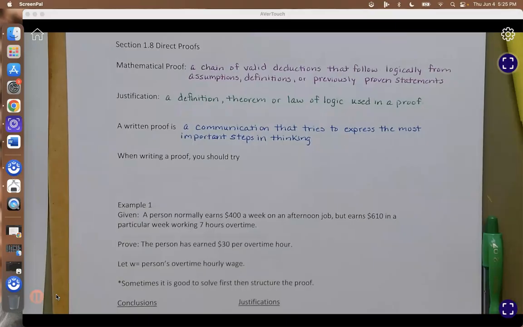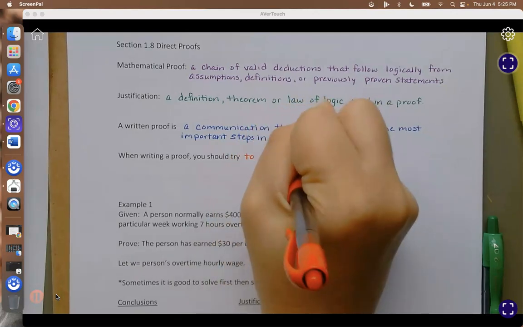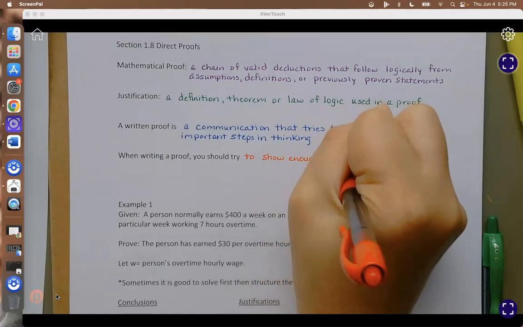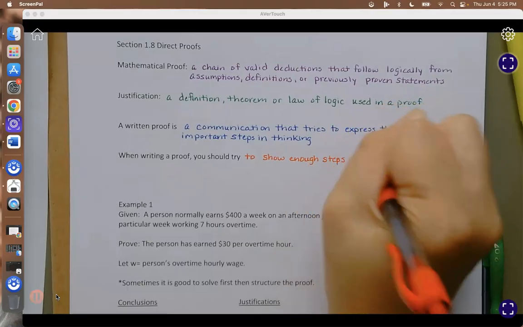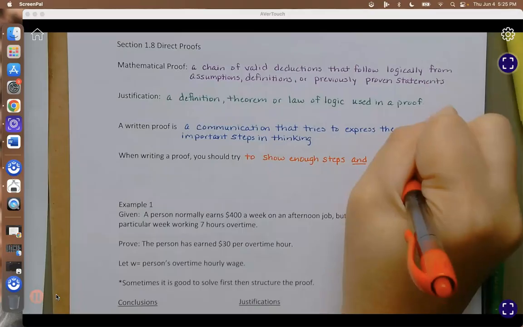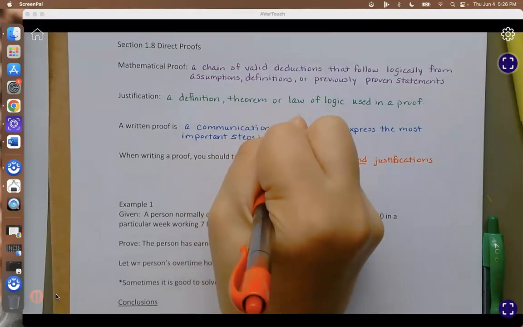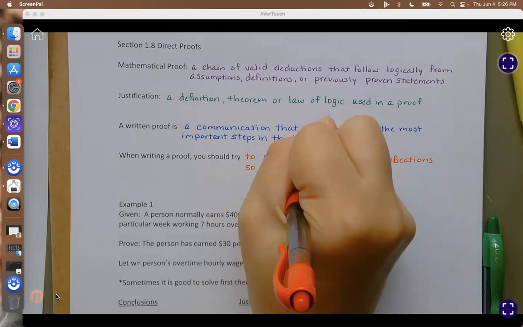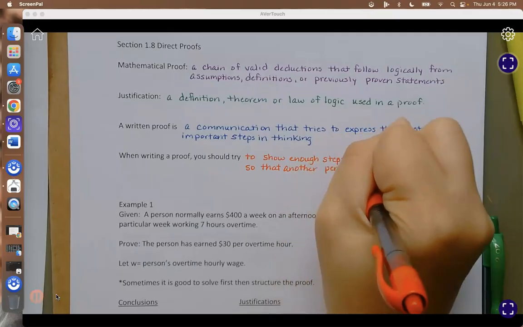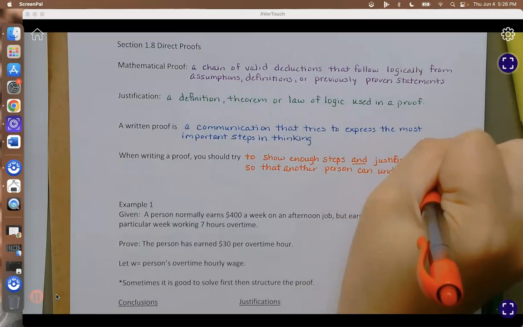So when writing a proof, you should try to show enough steps and justifications so that another person can understand the argument.